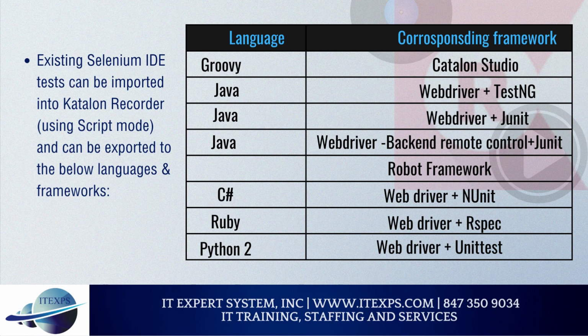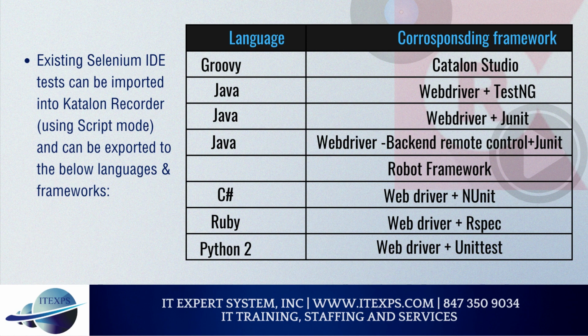8. Existing Selenium IDE tests can be imported into Katalon Recorder using script mode and can be exported to the below languages and frameworks. Language: Groovy, corresponding framework, Katalon Studio. Language: Java, corresponding framework, WebDriver plus TestNG. Language: Java, corresponding framework, WebDriver plus JUnit.